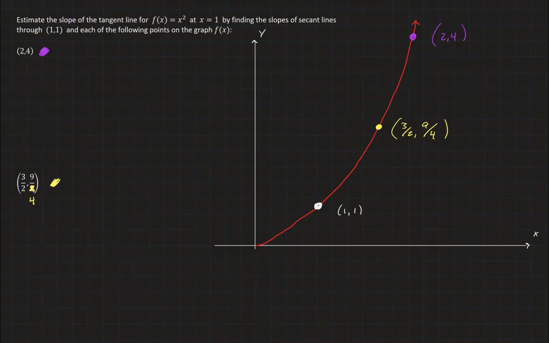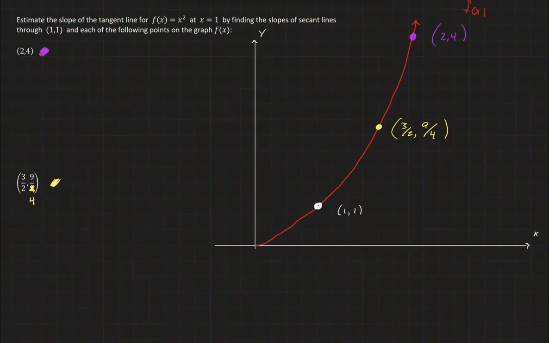So I'm interested in estimating the slope of the tangent line for this function. This function is x squared, a parabola, at the point x equals 1 by finding the slopes of the secant line through the point 1, 1 at each of the following points on the graph. So the point 2, 4 and the point 3/2, 9/4. Now a function, as we know hopefully by now from algebra, is just an input and an output.